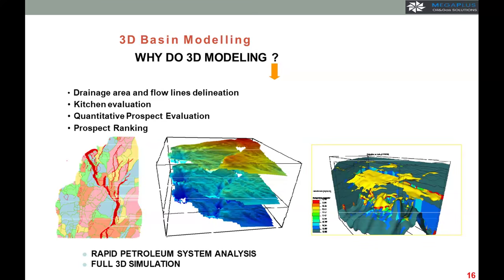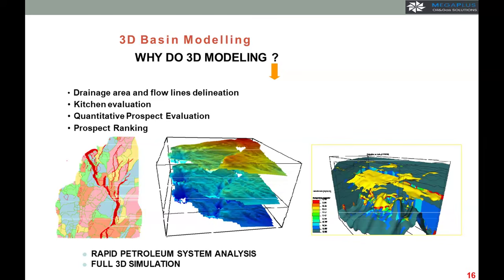Prospect ranking is very important. If you have many prospects and you want to rank which to start drilling on to decrease the risk. Quantitative charge evaluation, as we mentioned, tells if charge is coming to your reservoir or not. Full petroleum system simulation covers all your area with the source rocks, the migration, and the corrosion type as well.